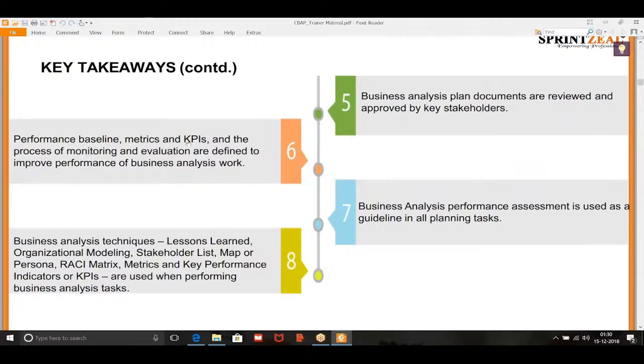Performance baseline, metrics, KPIs and the process of monitoring and evaluation are defined to improve performance of business analysis work. Business analysis performance assessment is used as a guideline in all planning tasks. BA techniques such as lessons learned, organizational modeling, stakeholder list, map, persona, basic metrics, and KPIs are used when performing BA tasks. So these are the techniques.